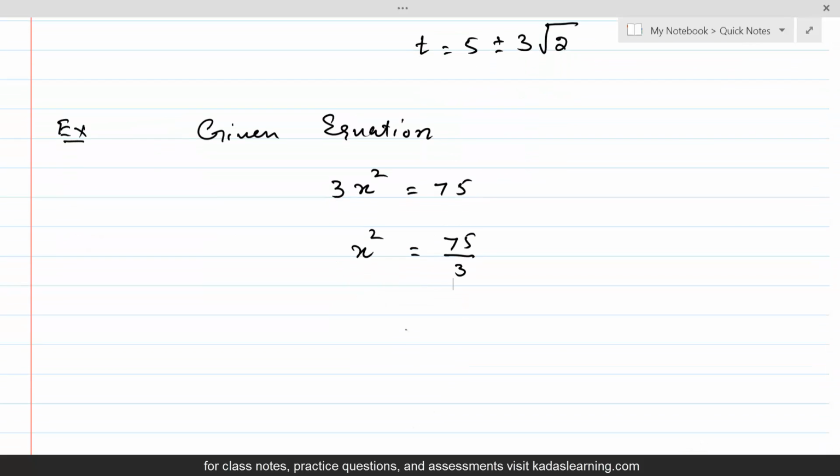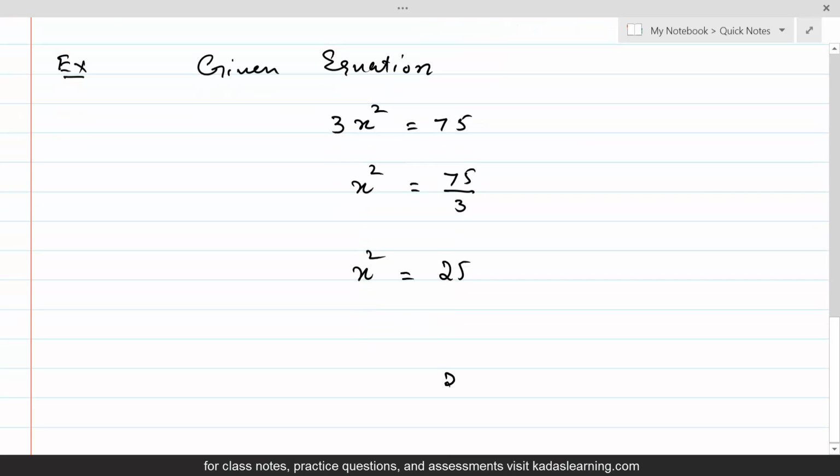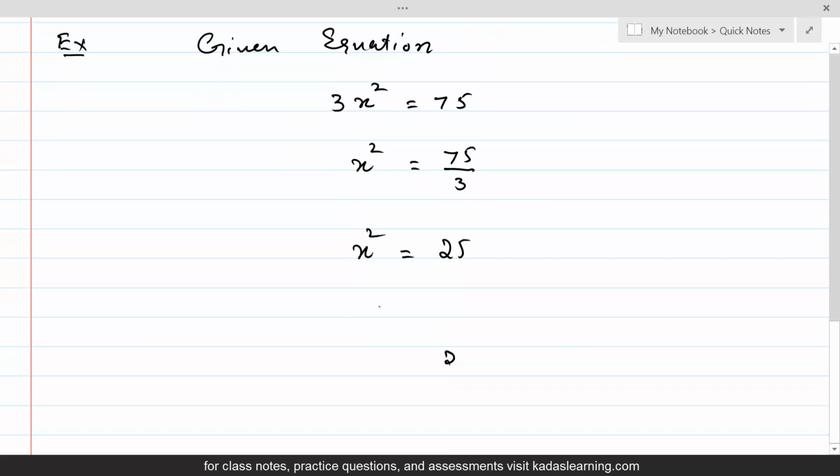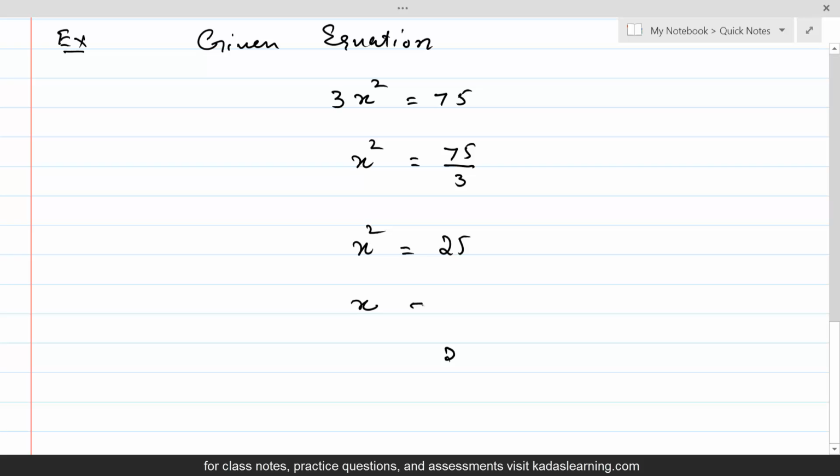This means x squared is equal to 25, and x is equal to plus minus square root of 25, that is equal to 5 times 5. So x is going to be equal to plus minus 5.